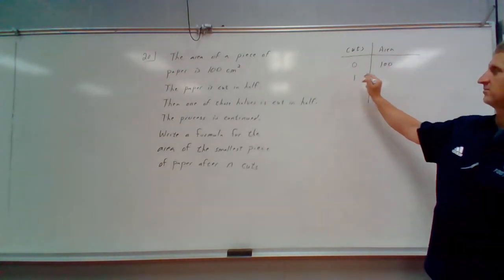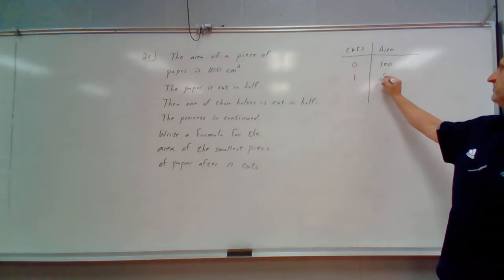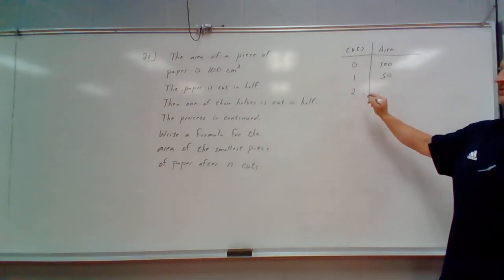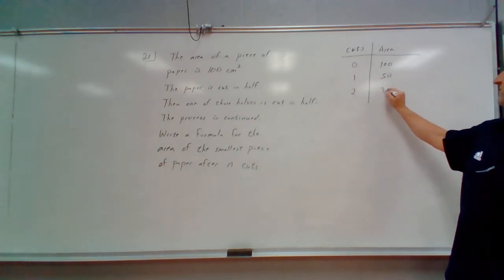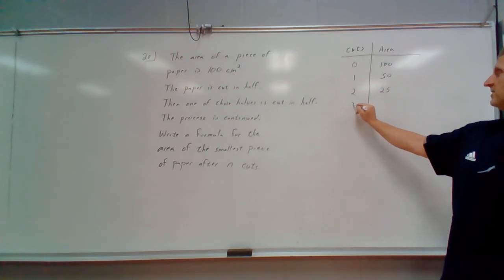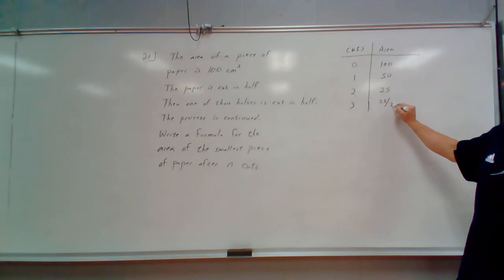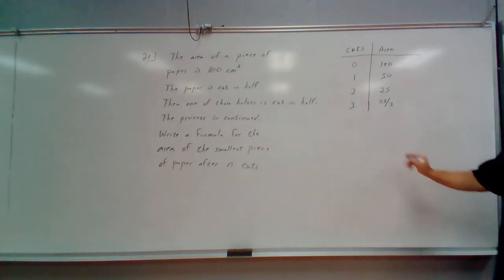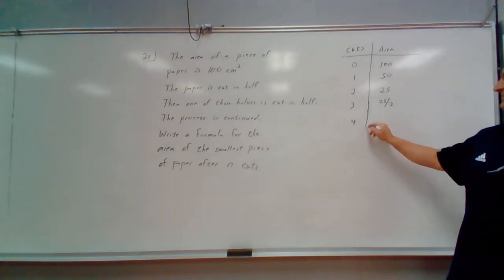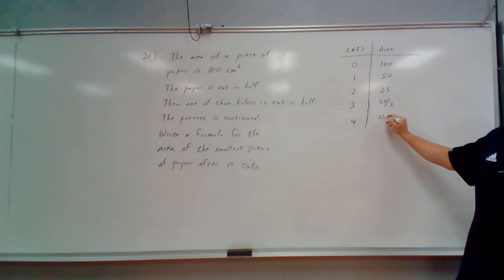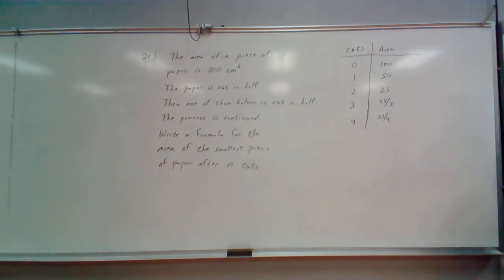After 1 cut, what's the area? It would be 50. After 2 cuts, we cut that one in half, so the area is now 25. After 3 cuts, it's 25 over 2. After 4 cuts, it would be 25 over 4, and so on.